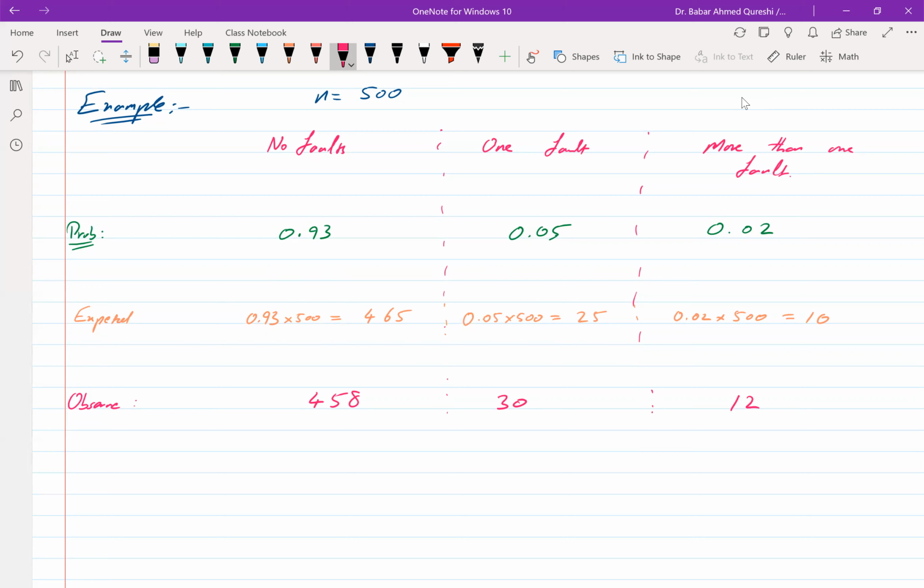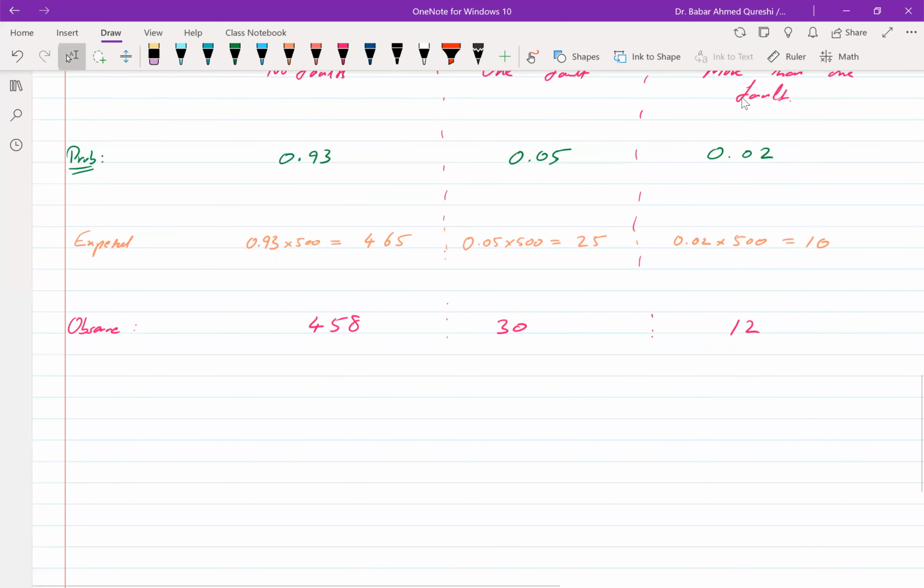So now you want to make a statement: has the efficiency of your production process changed? Is it causing more fault because you are seeing some larger numbers here than your expectation? Has the probability of faults occurring in your process increased or not?